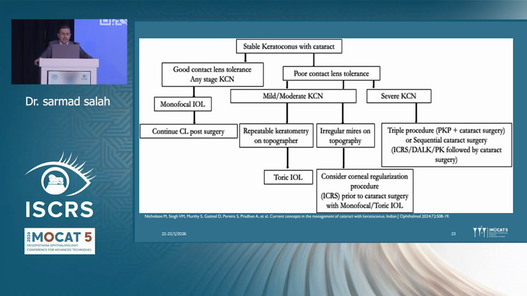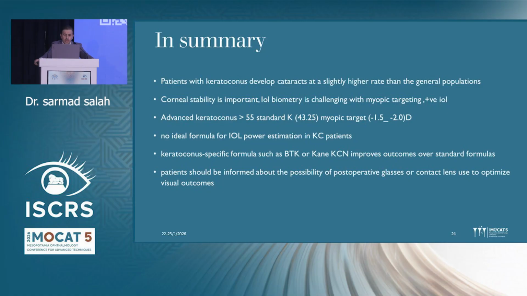In summary, patients with keratoconus develop cataract slightly earlier than the general population. Corneal stability is important. Biometry is challenging in such cases, and always target postoperative myopia and use a neutral or positive lens. In advanced keratoconus with K value above 55, it's better to use standard K, which is 43.25, with a myopic target of about 1.5 to 2 diopters.